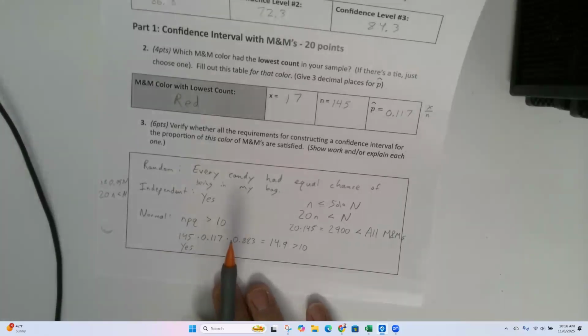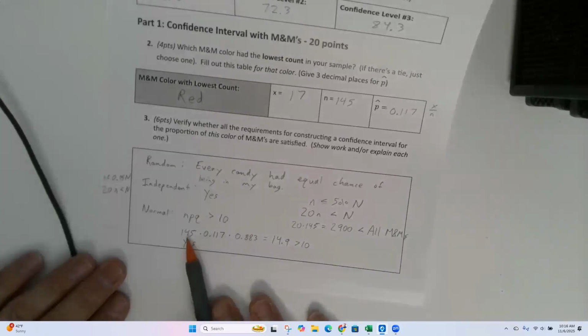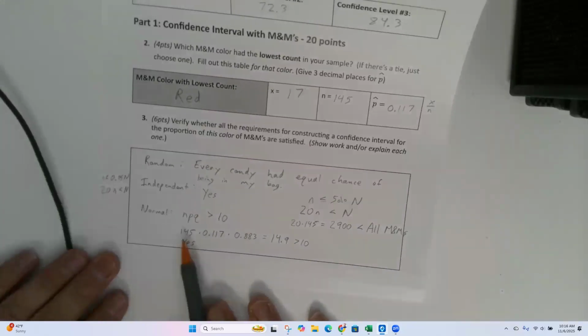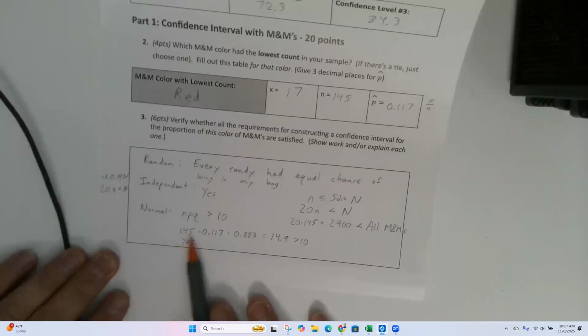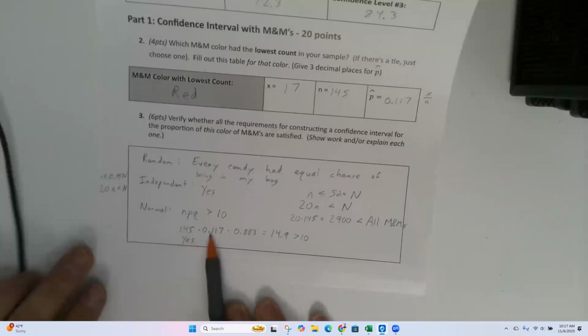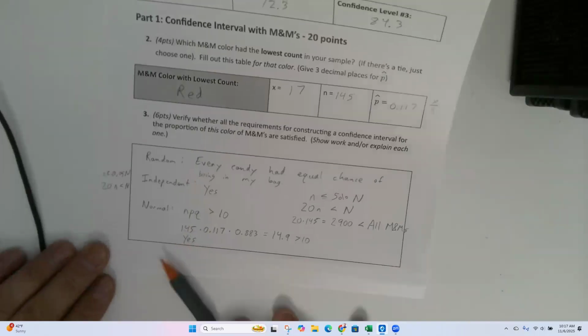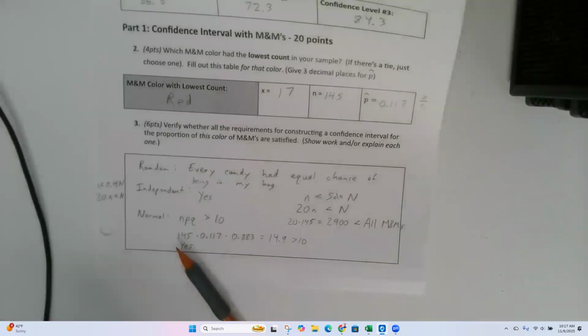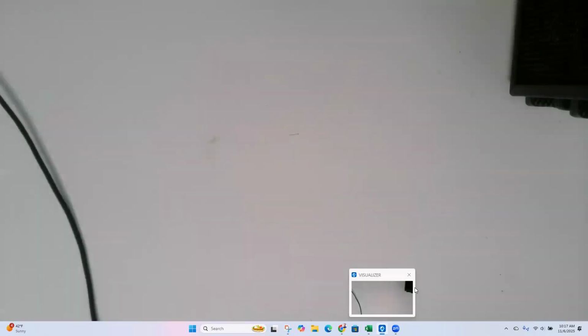So in that case, we would need a very large sample size because even if I had like 1,000 here, 1,000 times 1% is only 10. And then I would need to multiply that by my Q, and that needs to be bigger than 10. So I need a very large sample size for that. Anyway, moving on. That's it for this page. So even if you got a no there, that's okay.